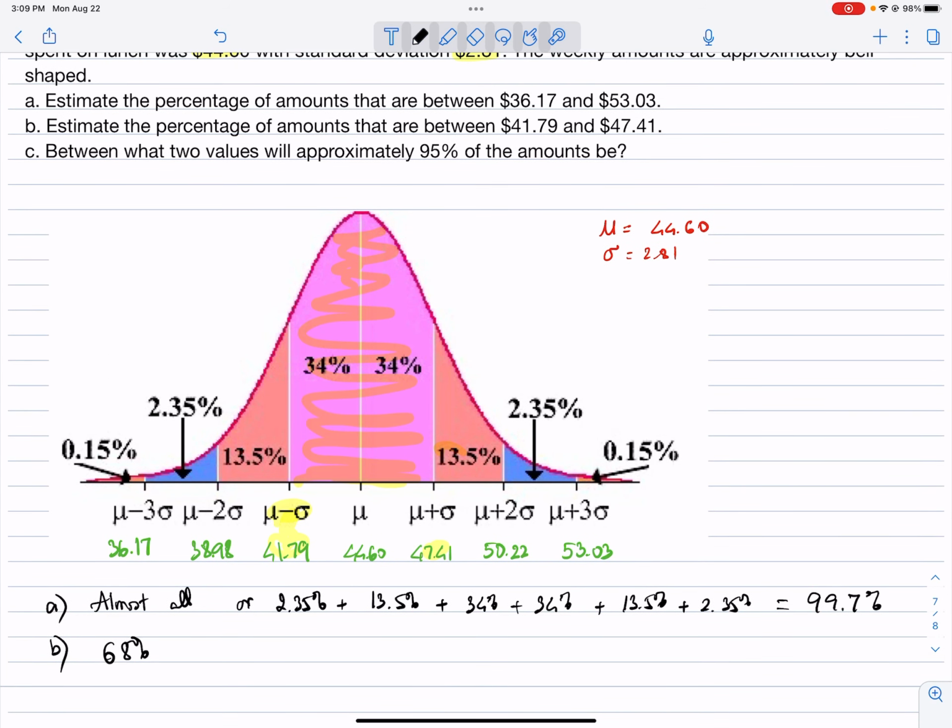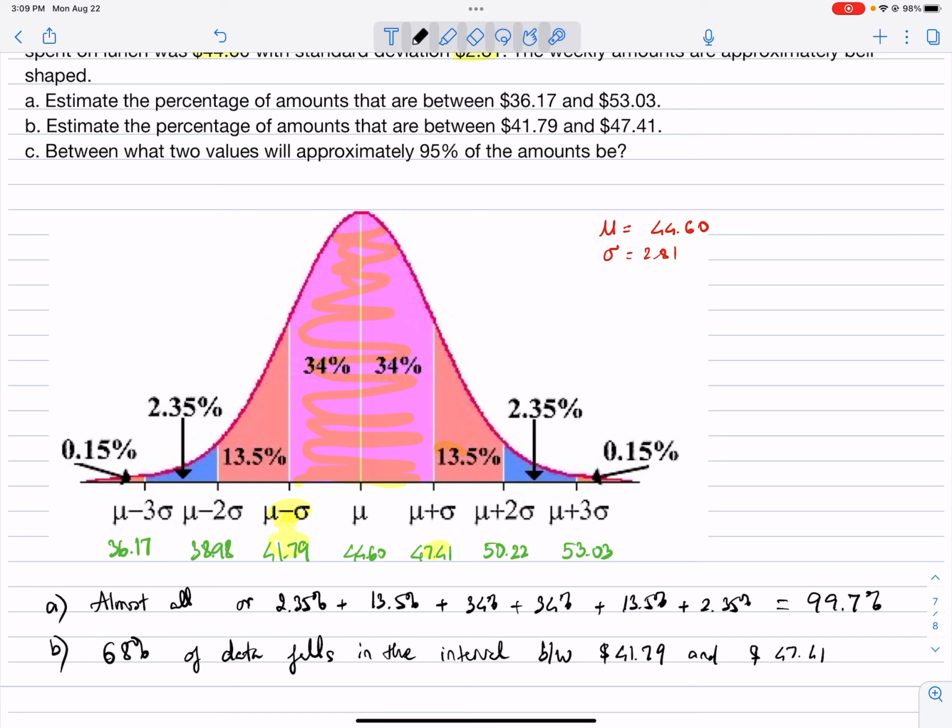To answer in a sentence, you will say 68% of the data will fall in the interval between 41.79 and 47.41.